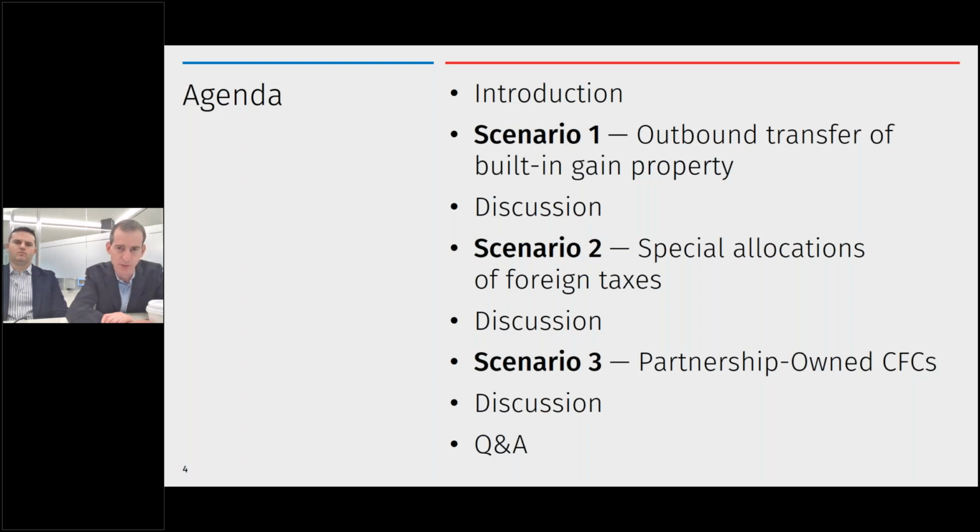Then we're going to move into operational issues, in particular a fact pattern hypothetical that deals with special allocations of foreign tax credits among partners. And then, time permitting, we're going to get into some exit issues where a partnership disposes of stock in a foreign subsidiary and how that affects the U.S. partners of that partnership.